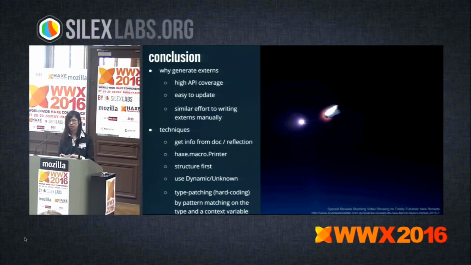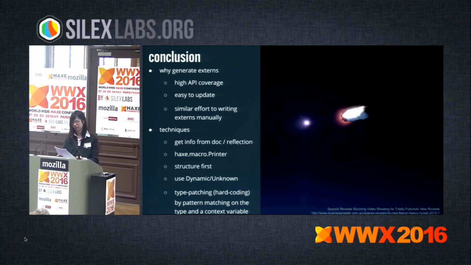And then for everything that is hard to automate, where the information is missing in the documentation, we can use some form of type patching. We do so by having the type name as input, and also a context variable, such that you can just pattern match with those info to output a correct type.